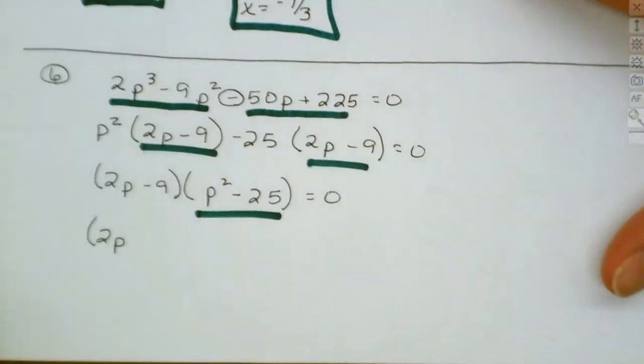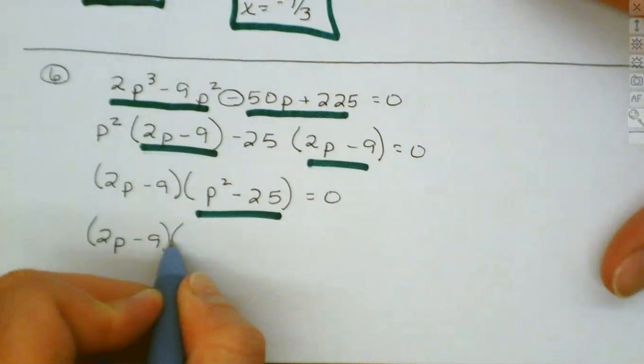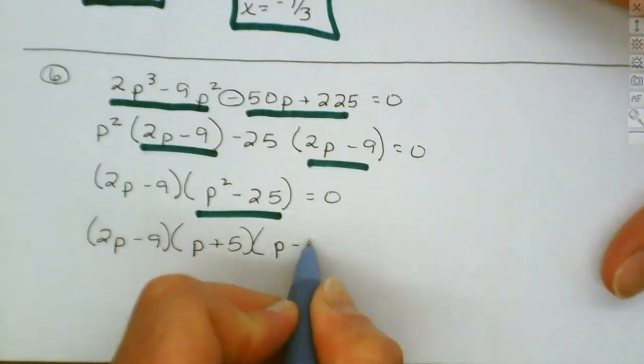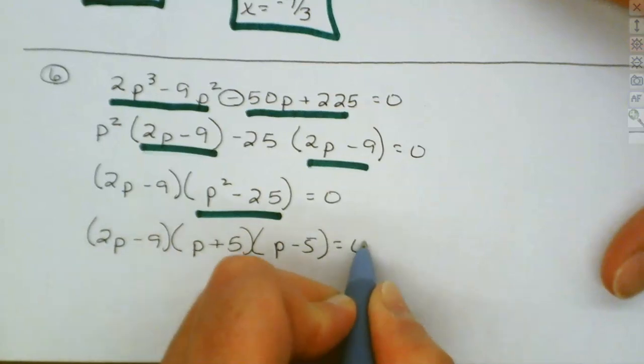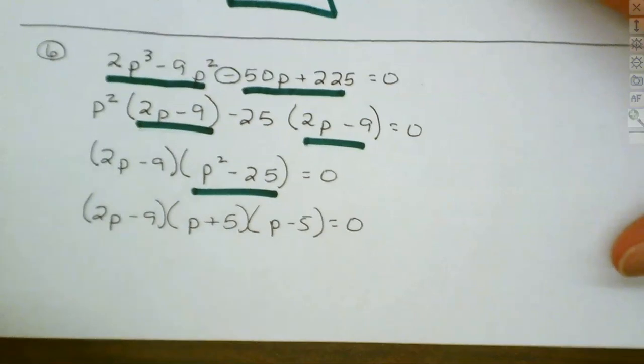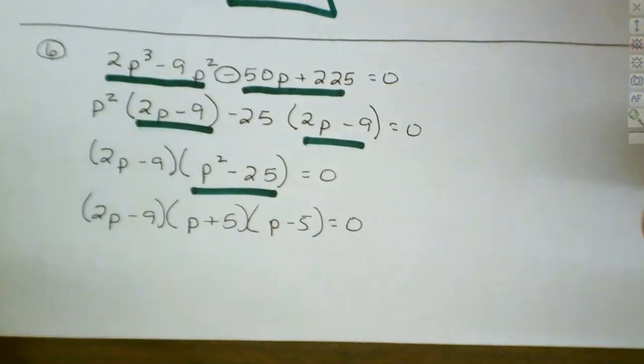So now we have 2p minus 9. This factors into p plus 5 and p minus 5. And now everything is factored as far as it can go. And we can now get, in this case, 3 answers.